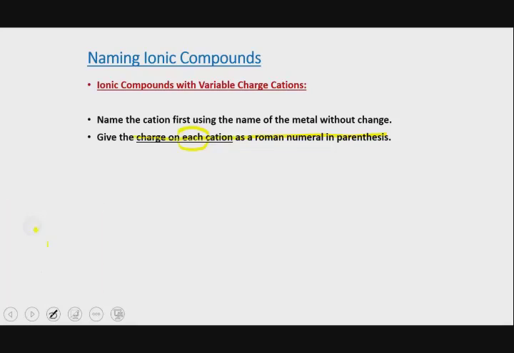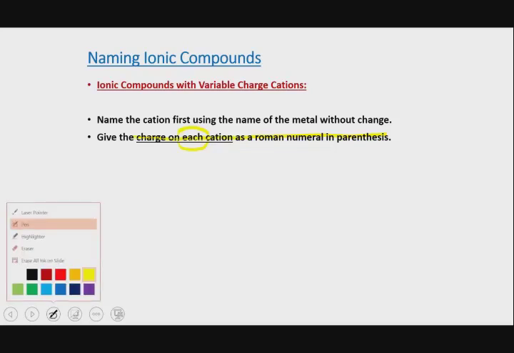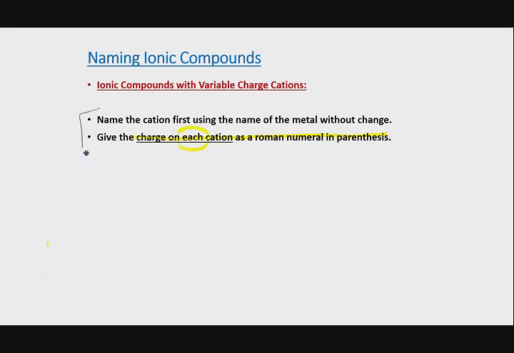Together, when you do so, these 2 steps are naming the cation. So the name of the metal and the magnitude of the positive charge written as a Roman numeral in parentheses, that together is the name of the cation.